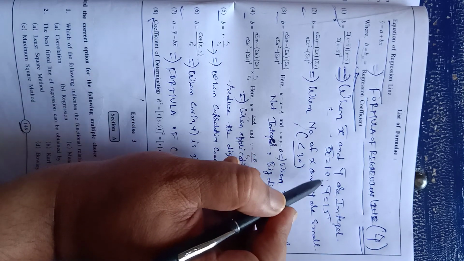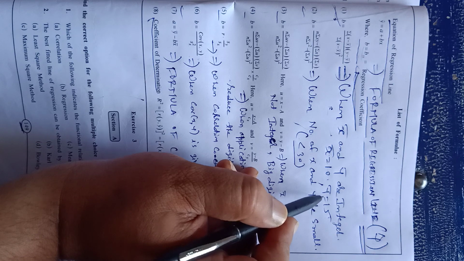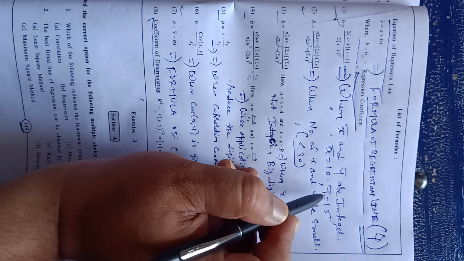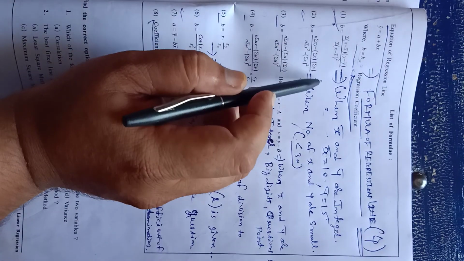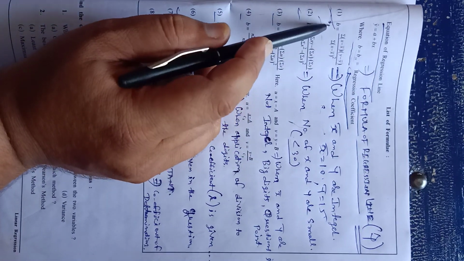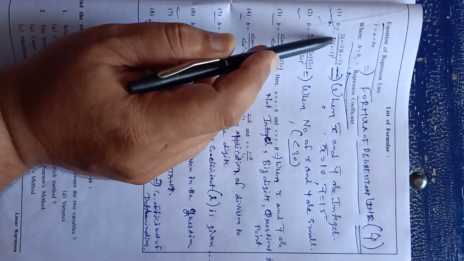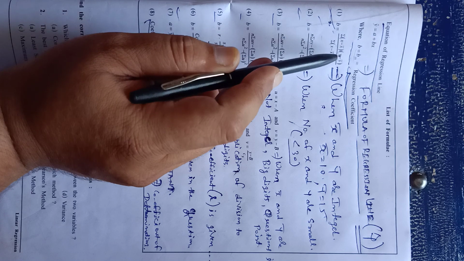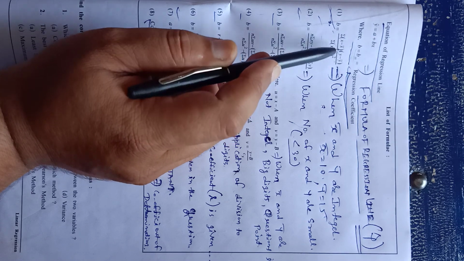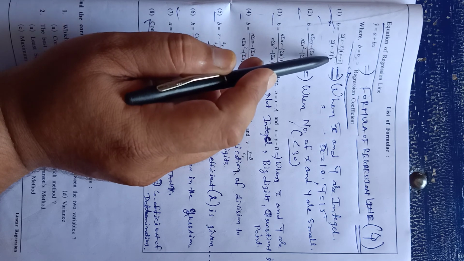They are not in fraction, they are only integers, not in point. Then the formula of regression coefficient is B is equal to sigma (x minus x bar) into (y minus y bar) upon sigma (x minus x bar) square.